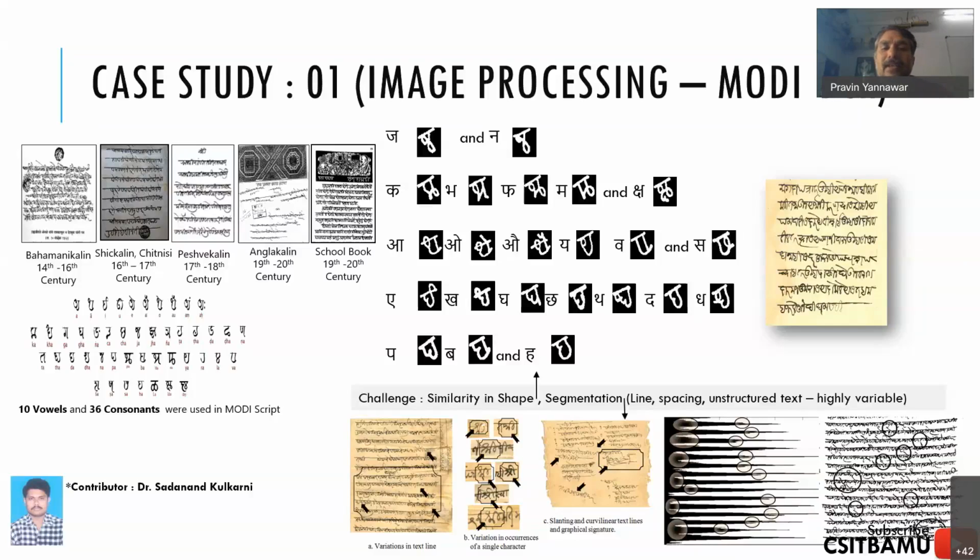Just look at the way K looks and the way F looks. And by performing skeletonization or certain morphological operations while processing the image, you may lose certain information, and then it becomes very challenging.